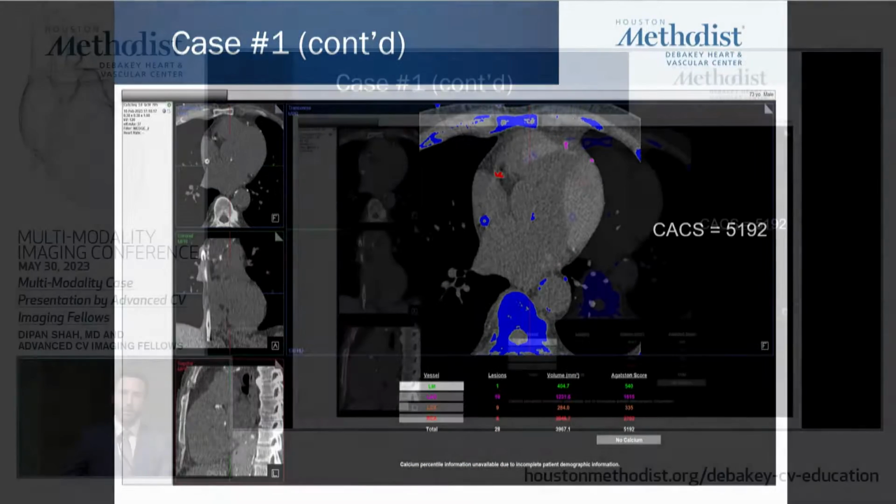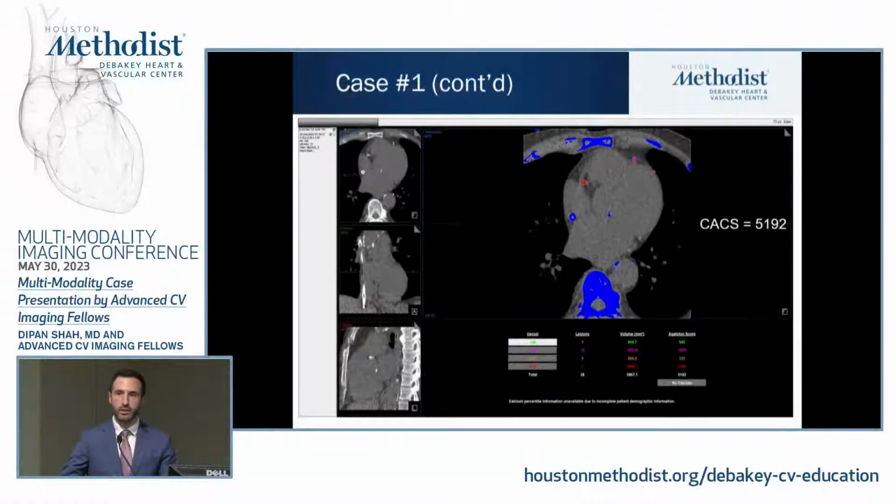With PET, as I mentioned, we do CT scans, and so we also do a calcium score on top. Every patient who doesn't have a prior stent or CABG will have a calcium score done as part of their examination. This patient had a calcium score of 5,192, so a high calcium burden by all means.